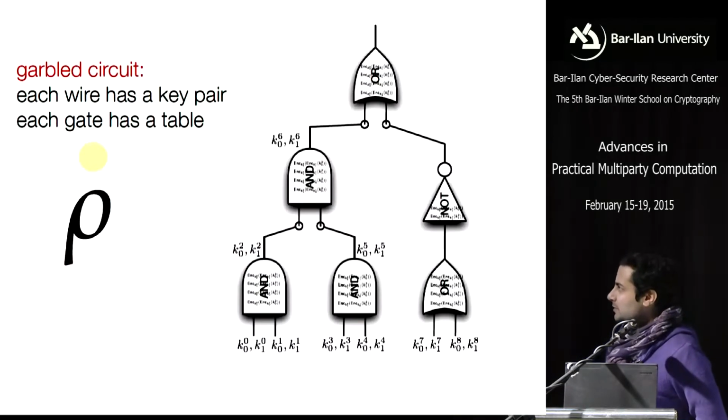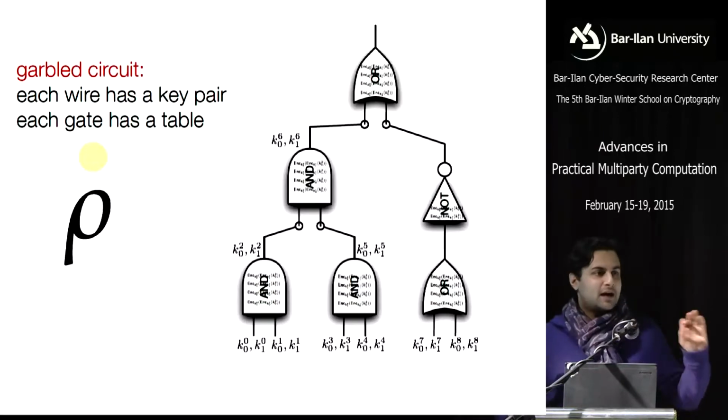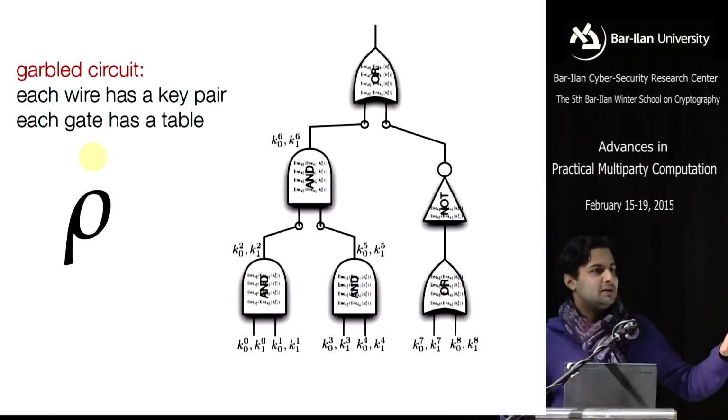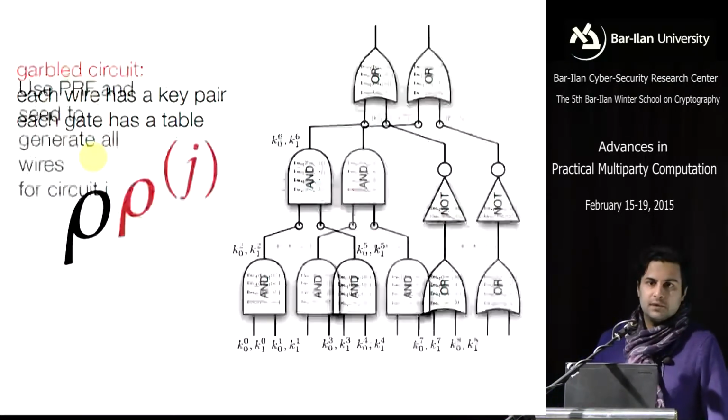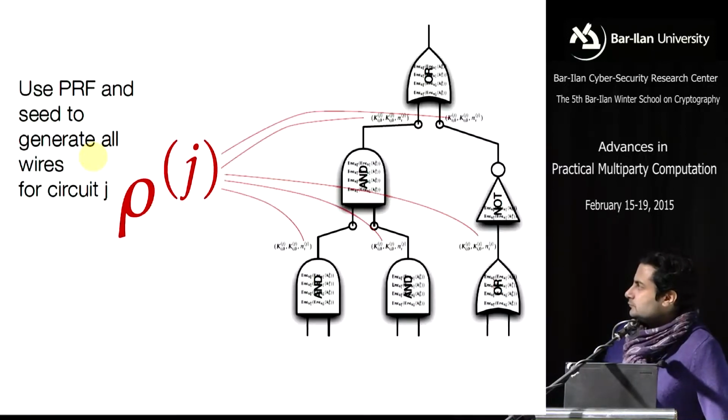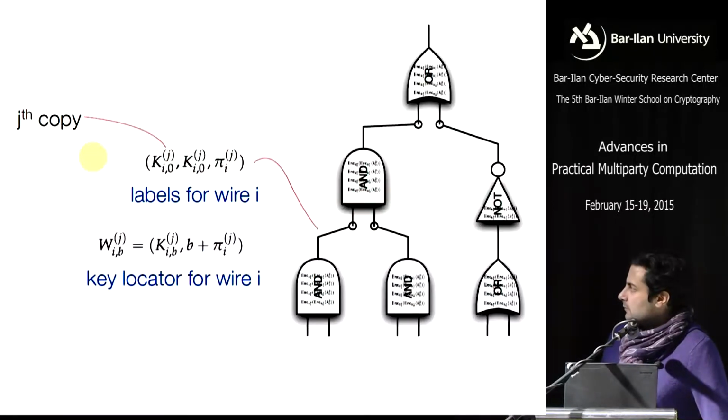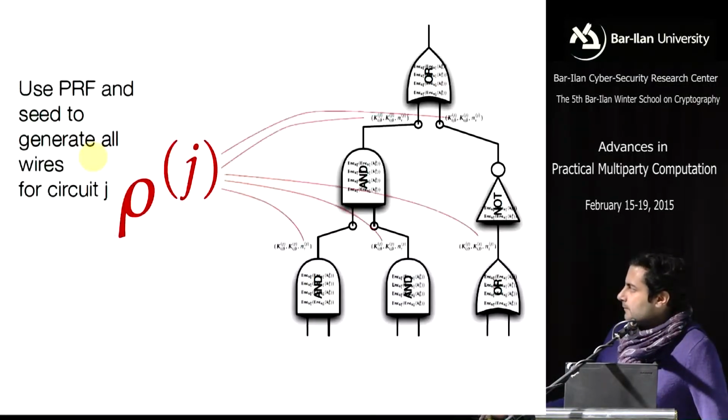Okay, setup. This idea is going to take a different approach to checking circuit consistency. Here we're going to use these random coins rho to generate all of the wires that are needed in a circuit. So rho_j will be used to generate all the wires of the circuit, and the labeling for wire i will be this key.